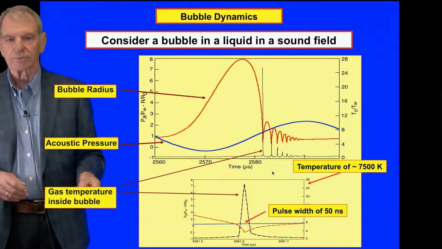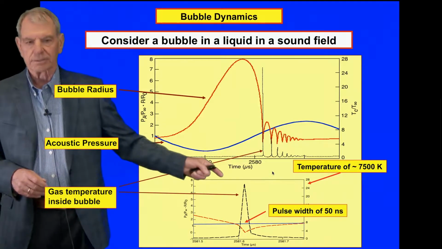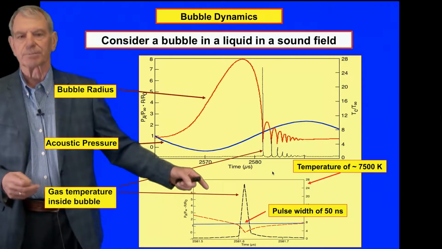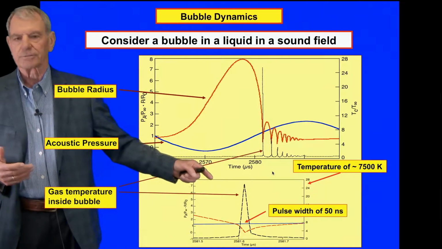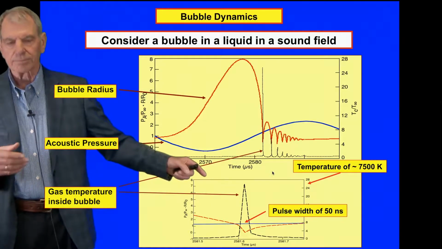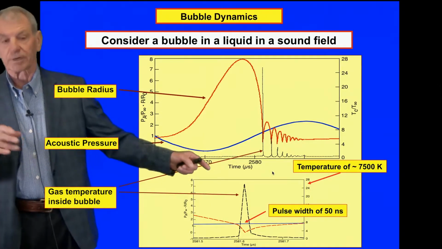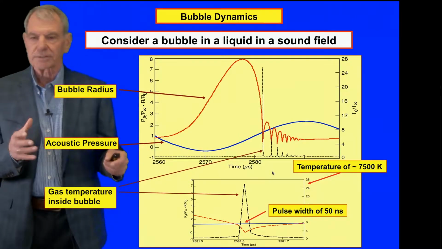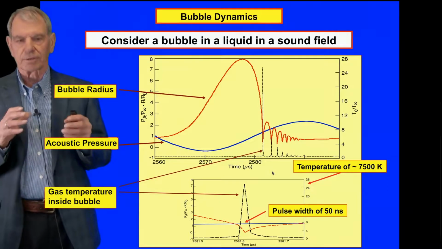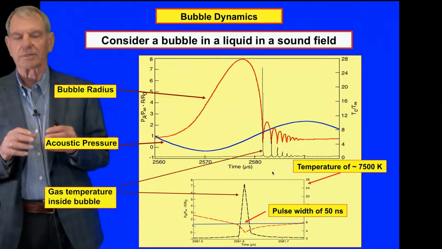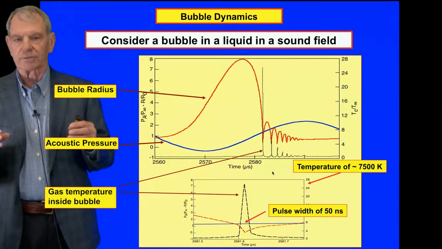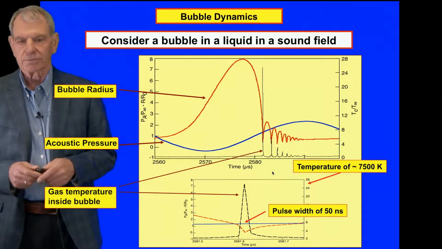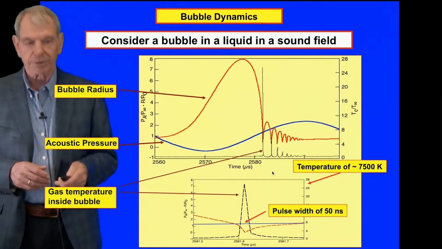One can show that the temperatures inside the bubble, at an ordinary pressure like this, the pressures can be megabars and kilobars probably, and the temperature can be up to 7,000 degrees. That's the temperature of the surface of the sun. So what bubbles do is concentrate the acoustic field energy into a very small spot. And this concentration of energy is what gives cavitation this very important quality.